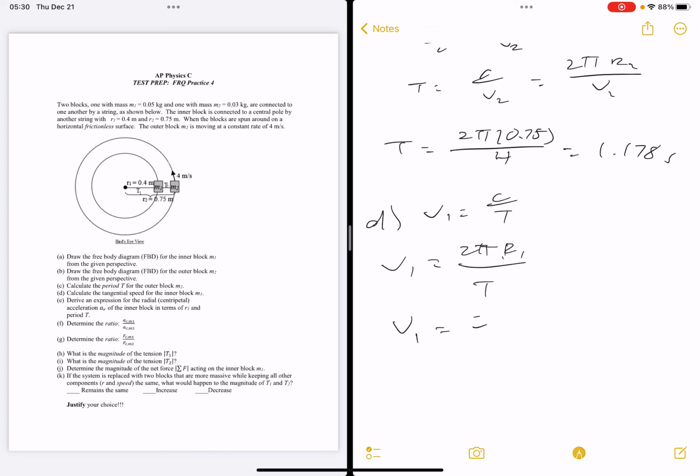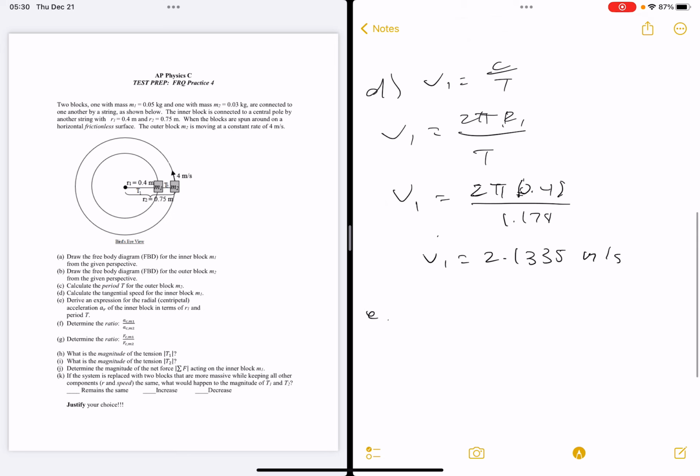So it's 2 pi 0.4, the smaller radius, over 1.178, and we get V1 equals 2.1335 meters per second.